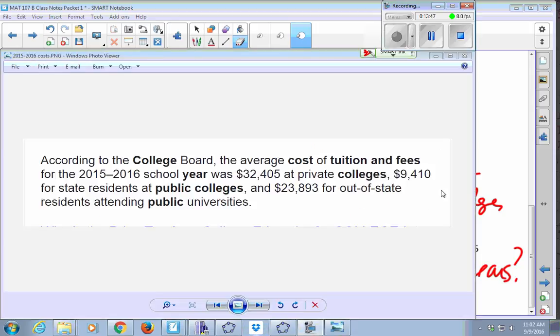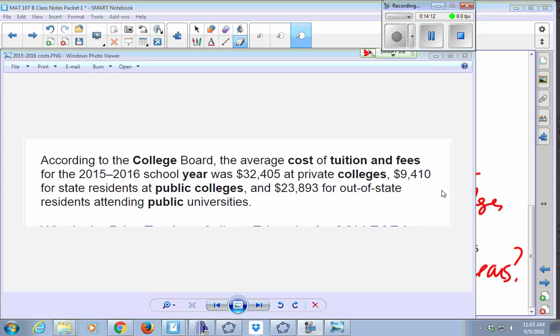So according to the College Board, the average cost of tuition and fees for the year 2015-16. Our bar graph goes up to 2010, so we can see how good our model is going to be by looking at these figures. This school year, it was 32,405 at a private college, and 9,410 for state residents at public colleges.